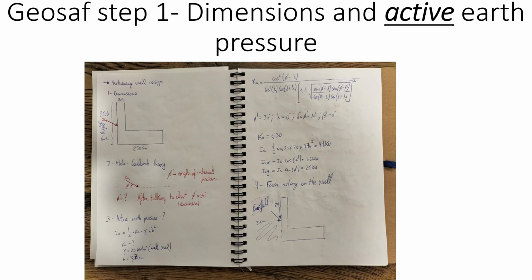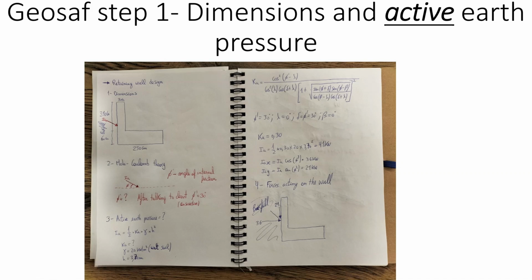So how do we calculate the active earth pressure? We calculate it using this formula around here. So we need to know the weight of the soil and the height of the wall. To determine the first factor, Ka, we use this formula, and these are the angles that you can find in thousands of videos here on YouTube.